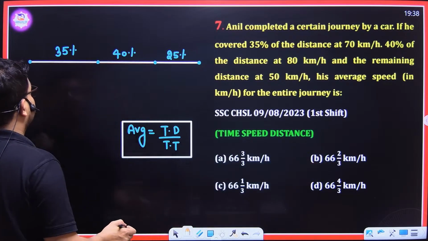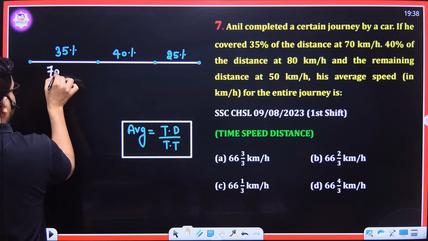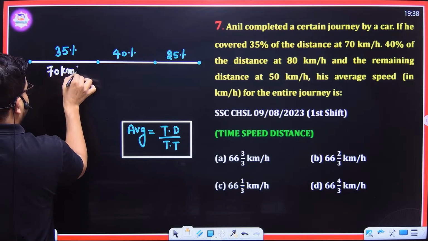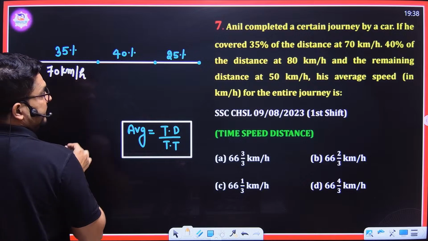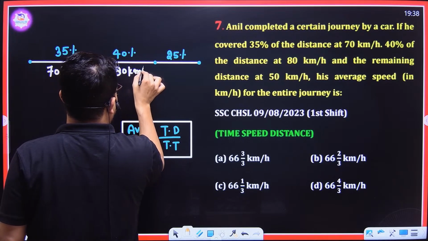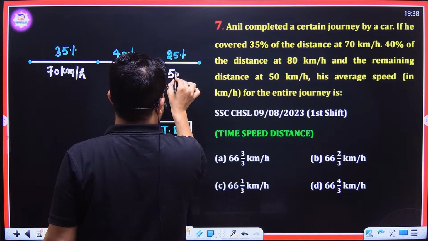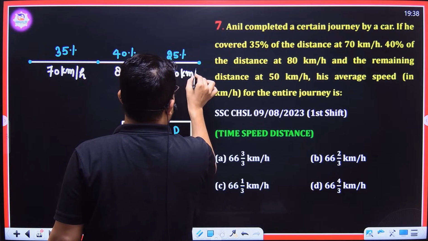So we will assume, see here we have speed, 70 km per hour. Here my speed is 80 km per hour. What you have to do is make such kind of arrangement so that your distance is exactly divisible by these.